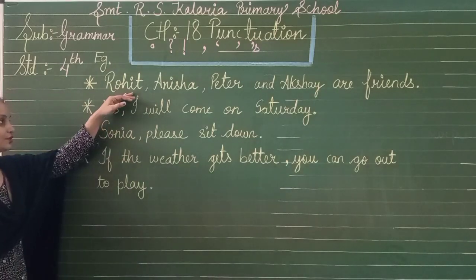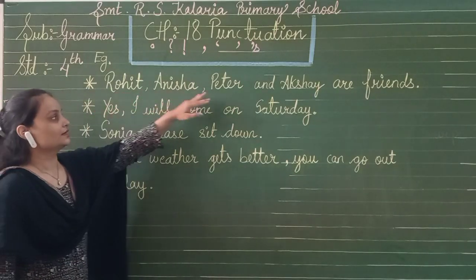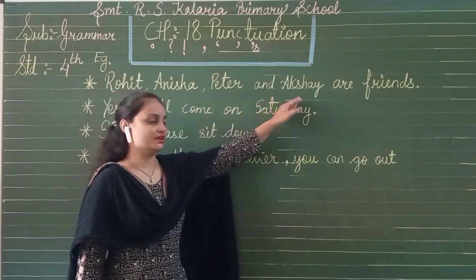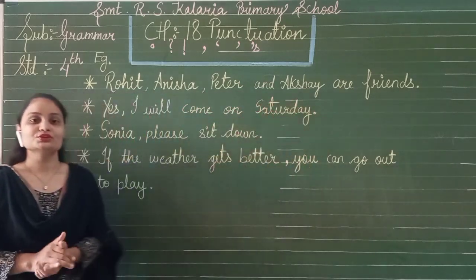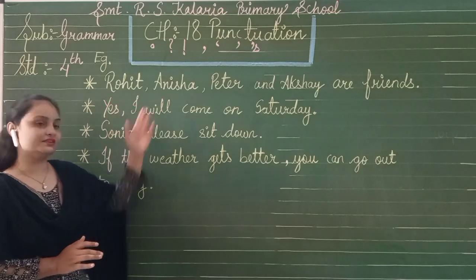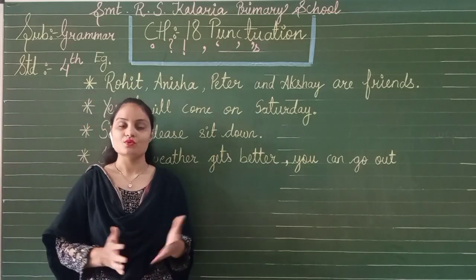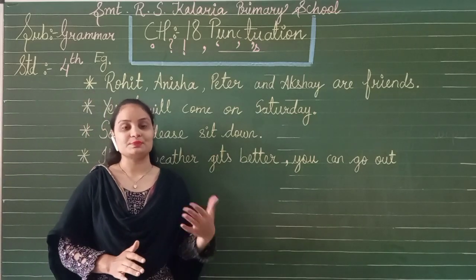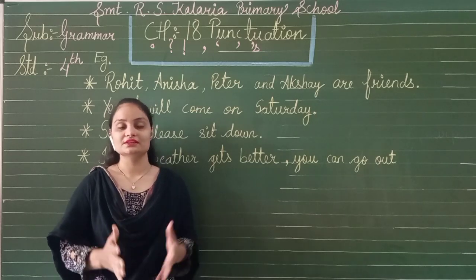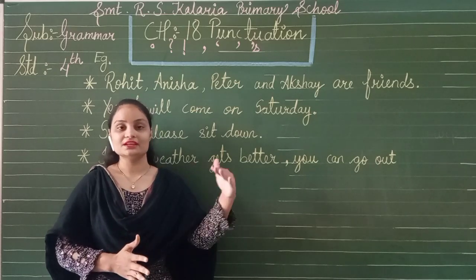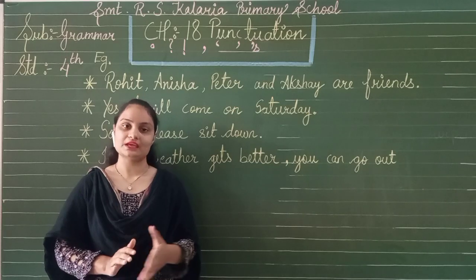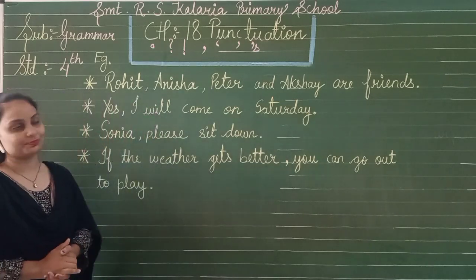So students, now let's make it clear with examples. So first is, Rohit, Anisha, Peter and Akshay are friends. Here you can see that names are written with a capital letter. Why so? Because a special name is always with a capital letter, and the beginning of the sentence is also a capital letter. So this we have to keep in mind.